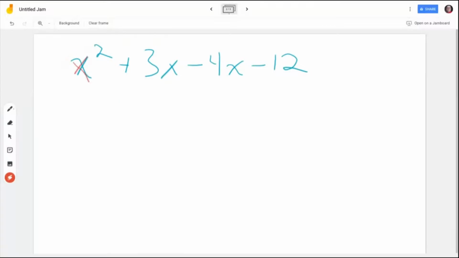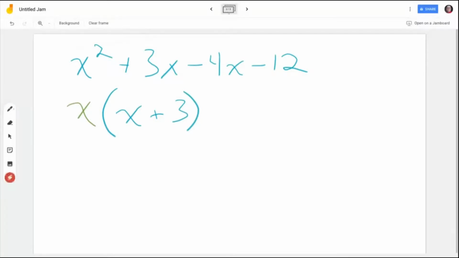This one has an x, this one has an x. So we're going to factor out an x, right? And so what we're going to end up with, in a different color, is the x we factored out, and what's left over is an x and a positive 3. I factored an x out of those two.